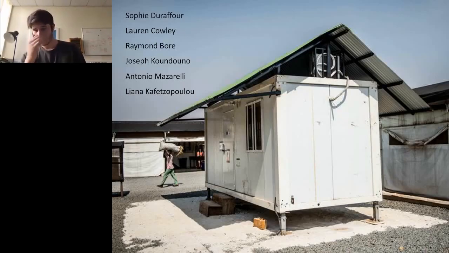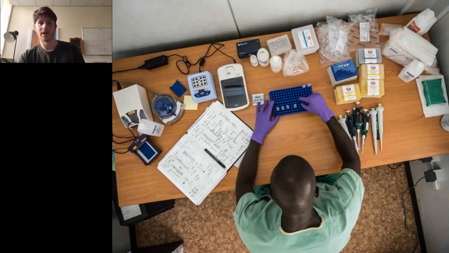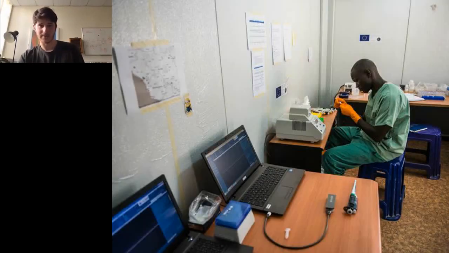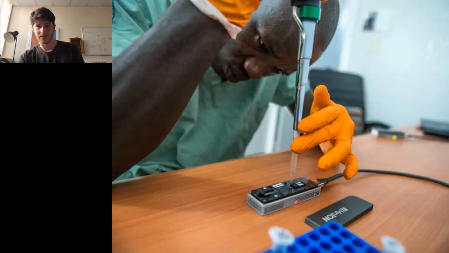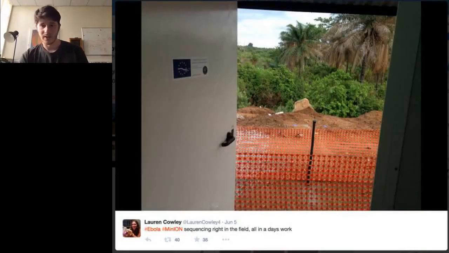So by the time we got to the end of this project, the lab had been upgraded to its own portacabin. These are some of the people that staffed the lab and did the lab work, including Joseph Bore, a local Guinean scientist who we trained, and you can see him working away, making libraries for the MinION. So we had a PCR area, a sequencing area, and that's the DNA library being loaded into the flow cell.